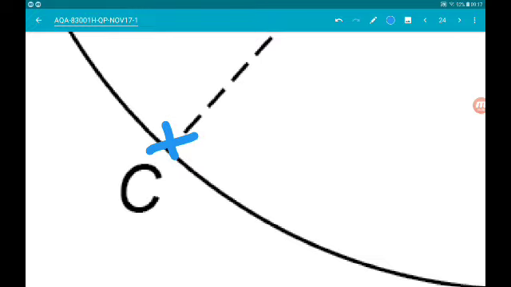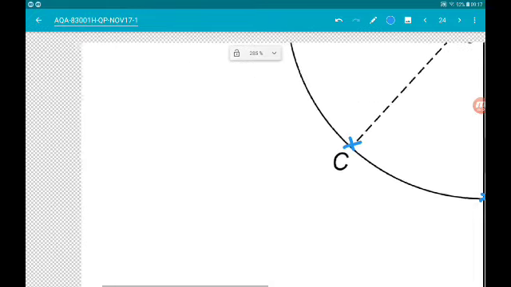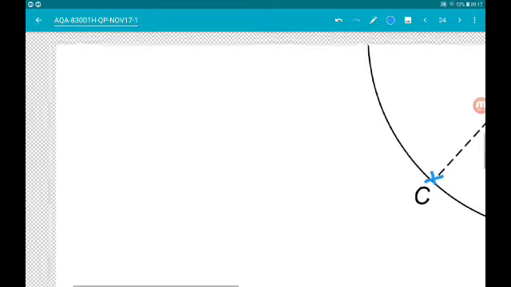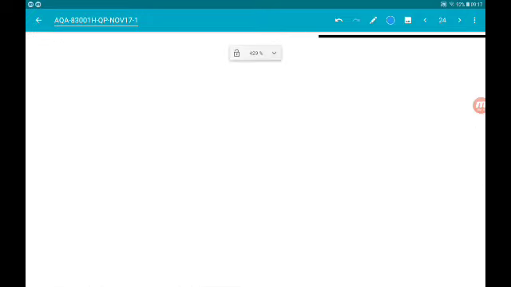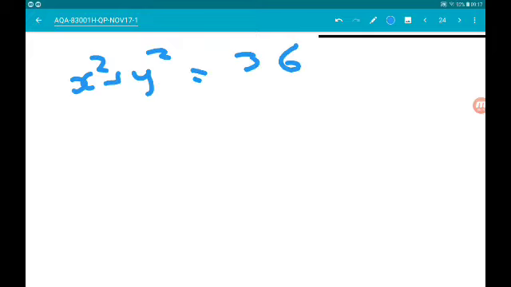So we know that x squared add y squared is 36. We also know that y is equal to x. So what we're going to do is substitute y equals x into the circle equation.